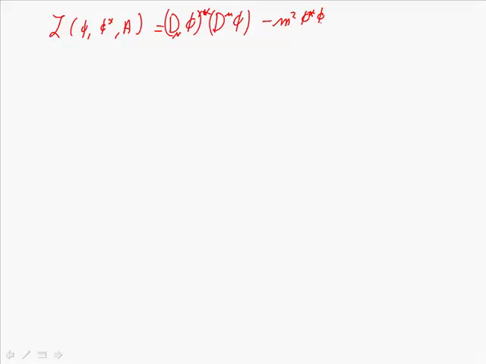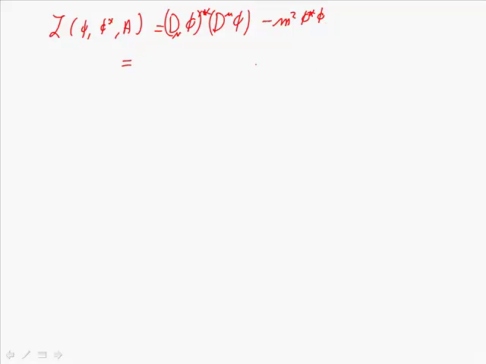So the place where we're going to start is I'm going to write the Lagrangian of phi star in A. It's just D mu phi star, capital D mu phi, minus m squared phi star phi. I want to write that in this form, phi star operator phi. So the first thing to do is to put it in standard form.